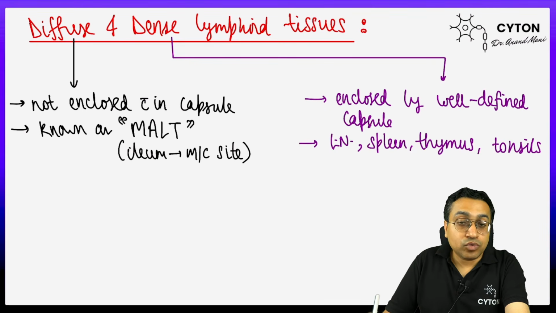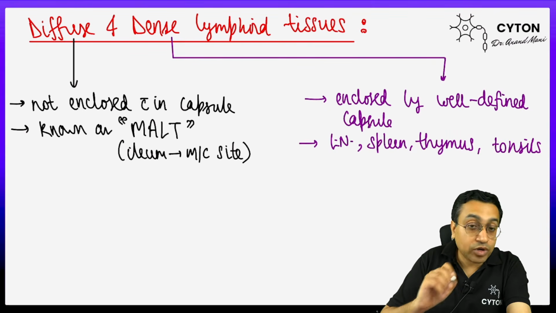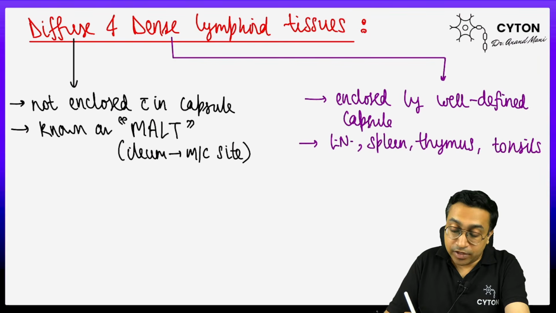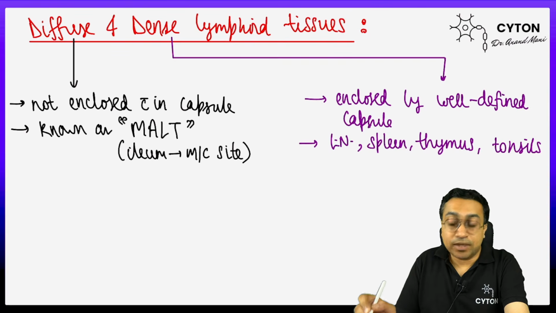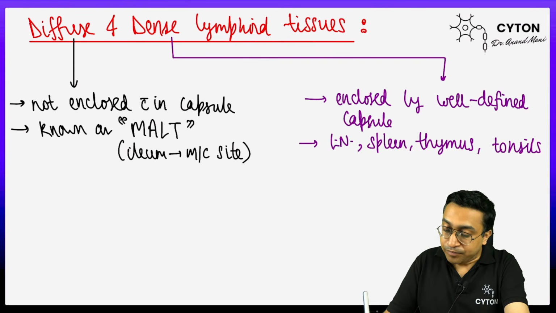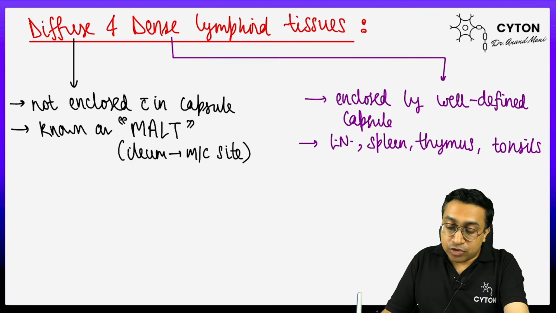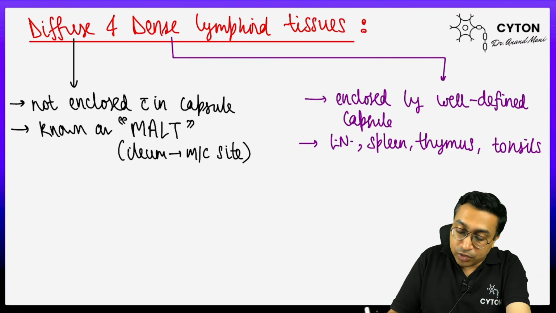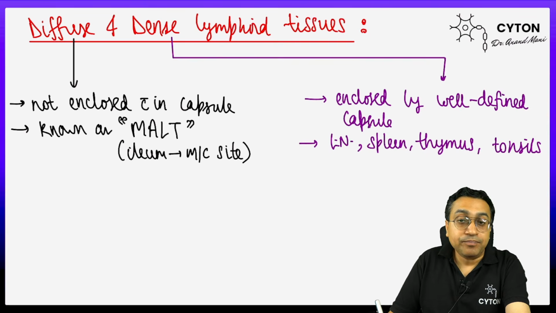Okay, so diffuse one, please remember, it is not enclosed within the capsule. We are giving an example, that is a MALT. And dense one, it is enclosed by the well defined capsule. Example: lymph node, tonsil, thymus, and spleen. Okay, so this is the difference between the two, and you should be remembering them.